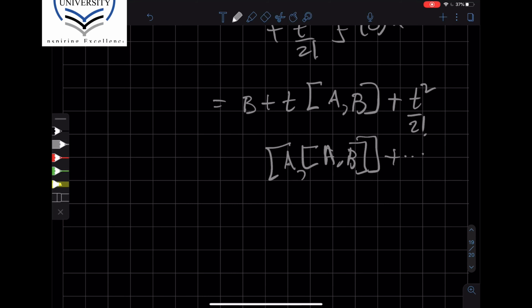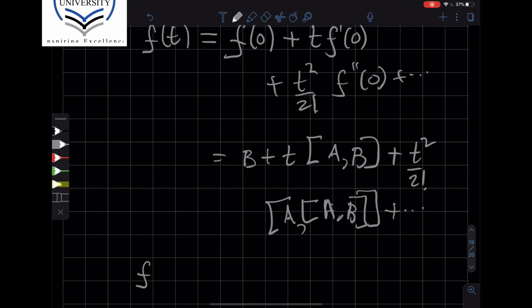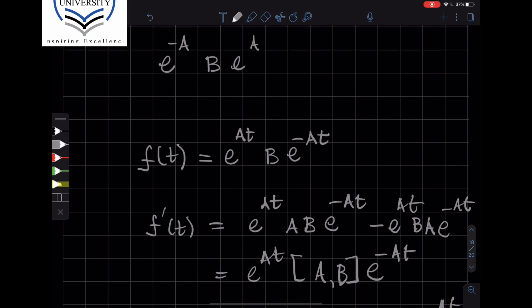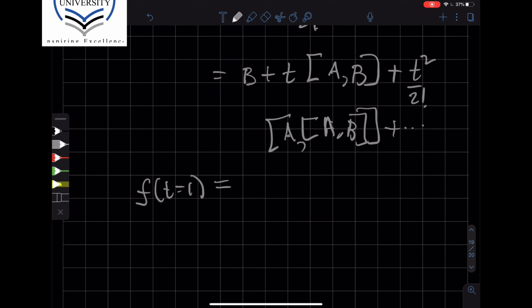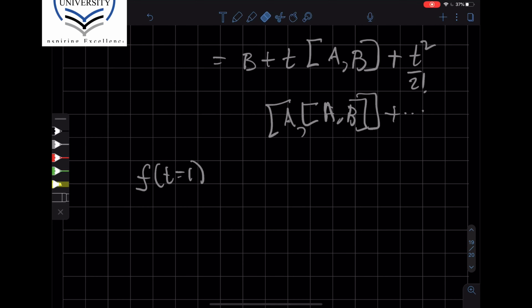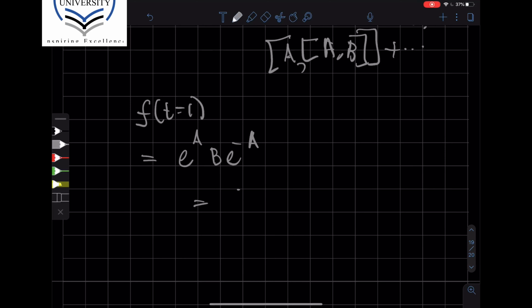If I now evaluate f at t equals 1, looking at the definition of f, this is e to the power a times b times e to the power minus a, and that becomes a power series, a summation over n, with all the t's set to 1.